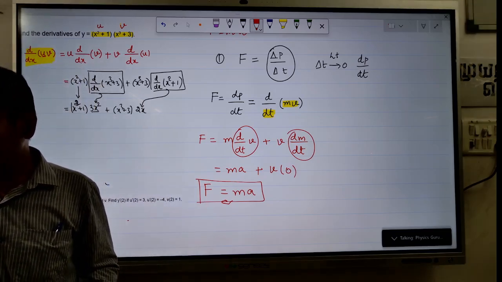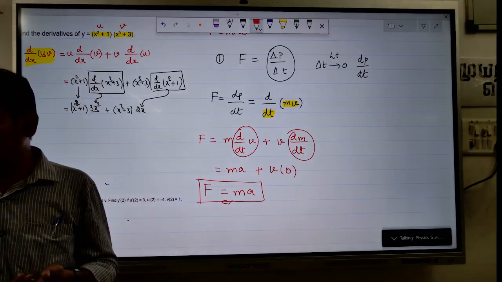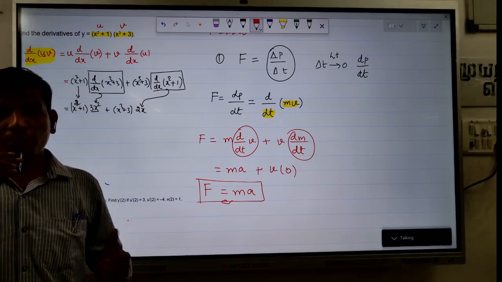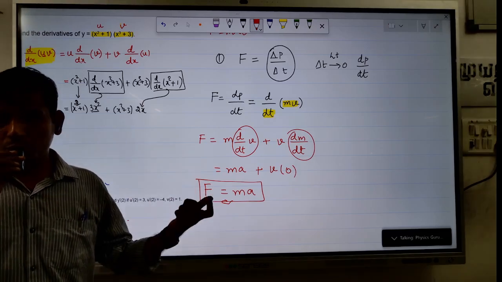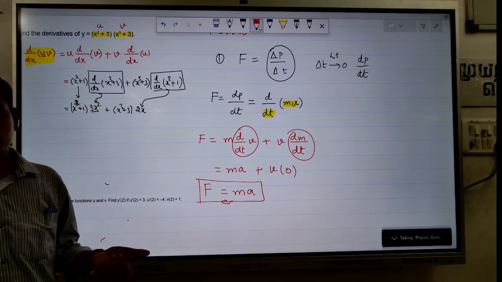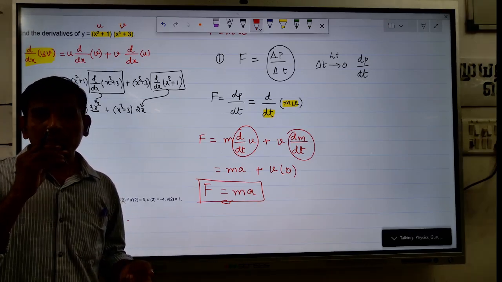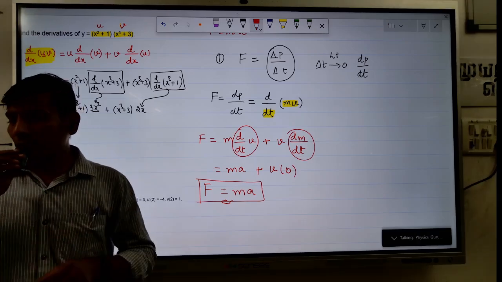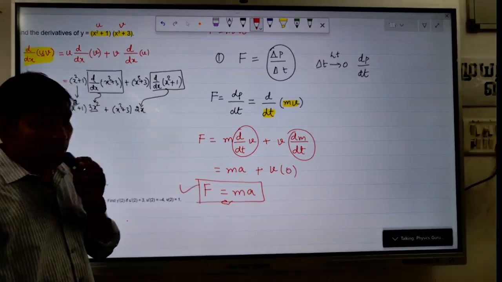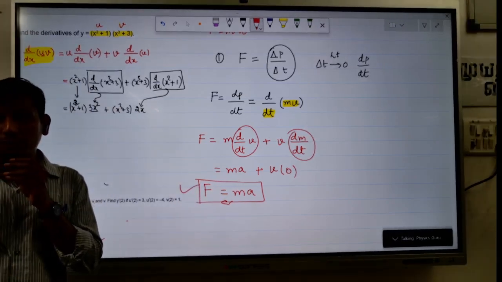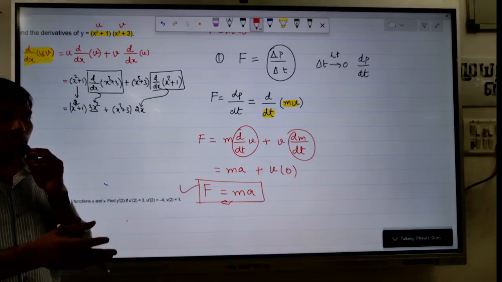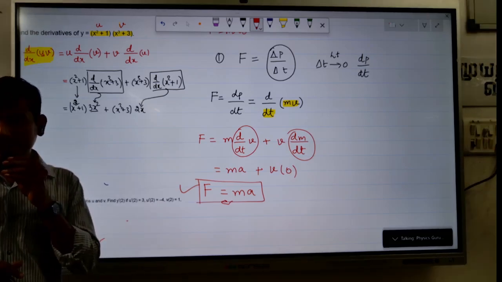Am I right? So the net mass does not remain constant before and after the motion. At the starting point and at the end point, the mass doesn't remain constant. So under that condition, will this equation be valid? Definitely not.